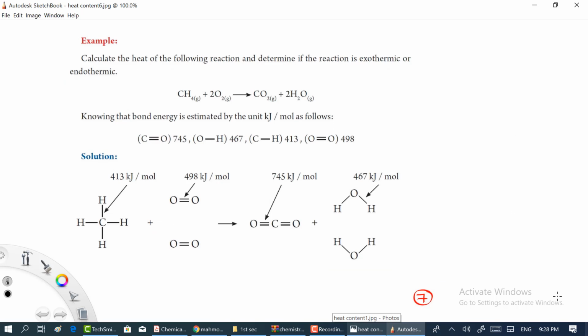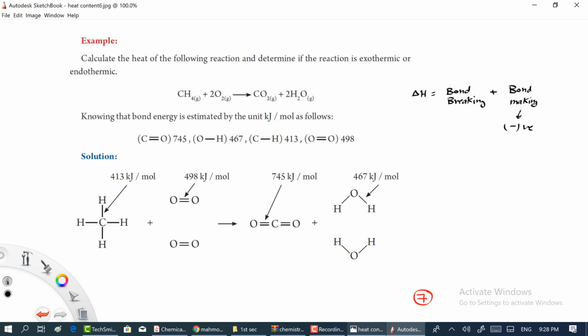Firstly, we will put the rule: delta H equals bond breaking plus bond making. And the value of the bond making must have the negative sign.